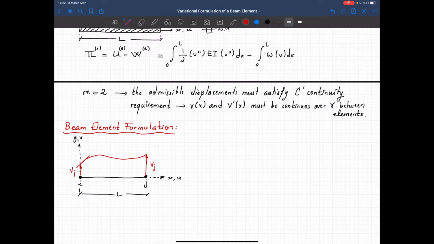So this rotation will be theta i, and that rotation at the end node will be defined as theta j. Okay, so I need a shape function that satisfies the C1 continuity requirement, and for that we will be using the Hermitian cubic interpolation functions.